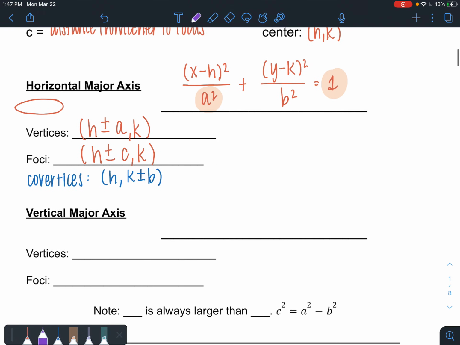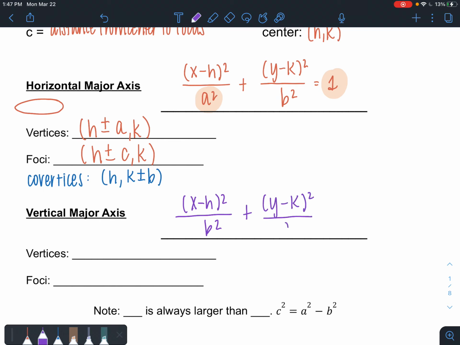All right, if we have a vertical major axis, that's going to be (x minus h) squared over b squared plus (y minus k) squared over a squared equals 1. So it's equal to 1, but our a squared goes with y, and so it's longer this way.